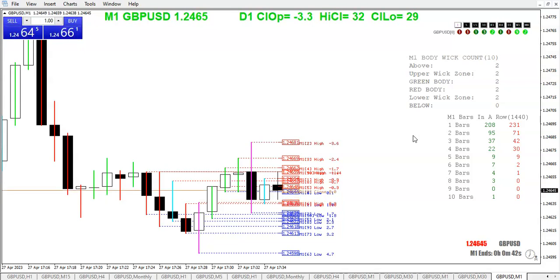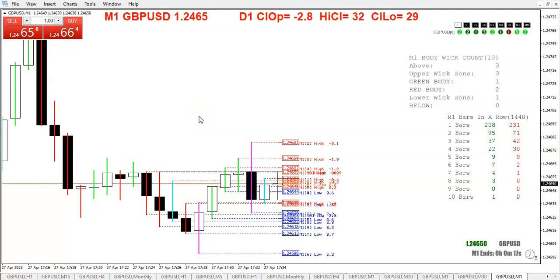I came back later that day, and I put up the Sonic to see where I entered. And sure enough, I had entered short after 2 bars down. And then I got in. I think maybe I had a chance to scratch the trade at break even. And then it took off. Ran against me.